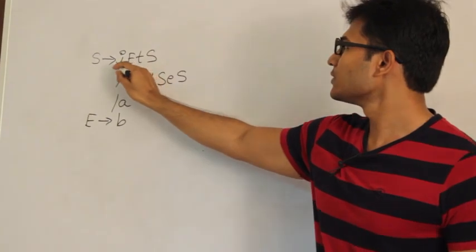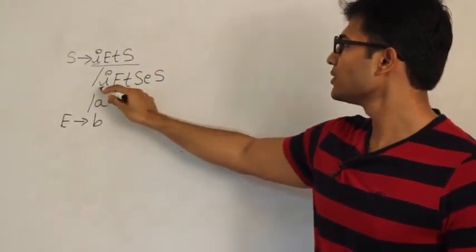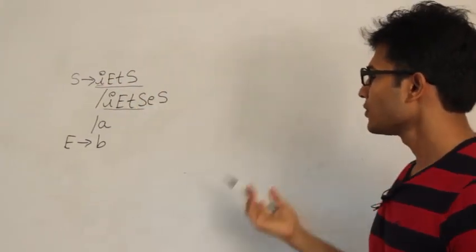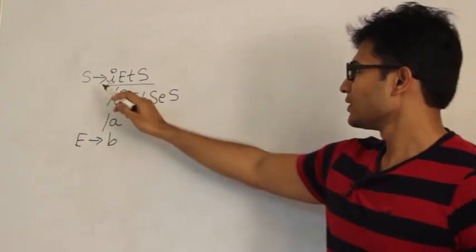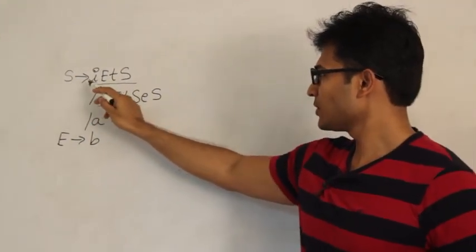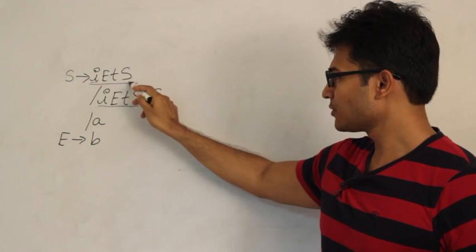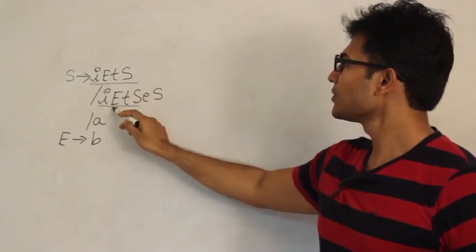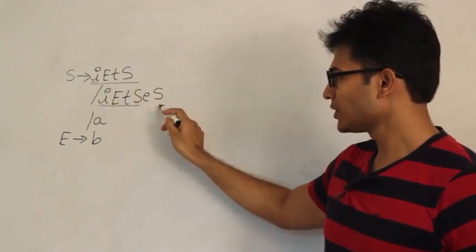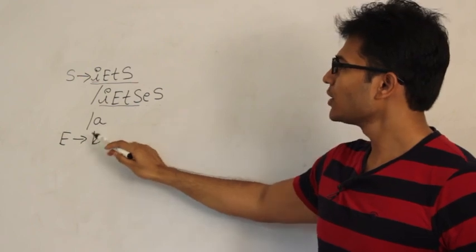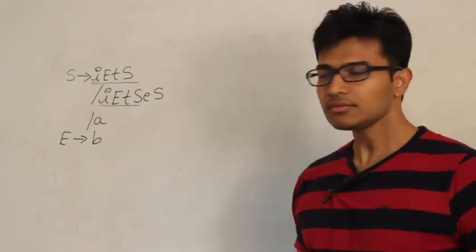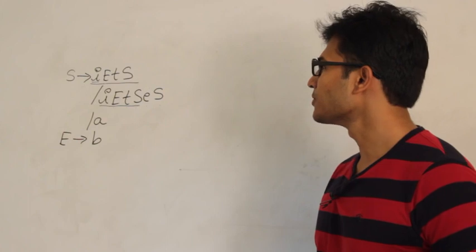In fact, this IETS and this IETS are entirely in common. So just see what this grammar is. The statement can be if expression then statement, or if expression then statement else statement, or small a or small b, which is nothing but if expression statements, right?